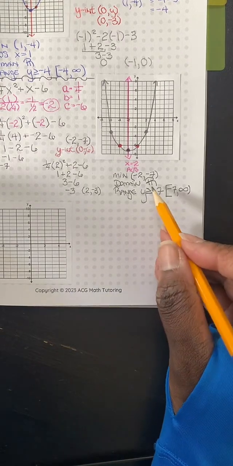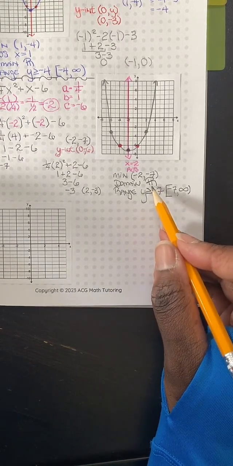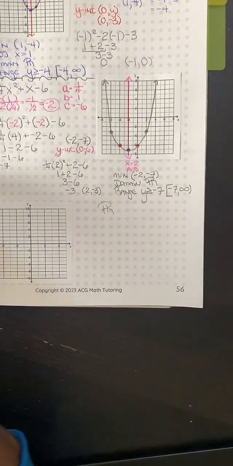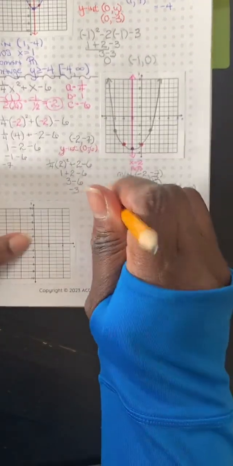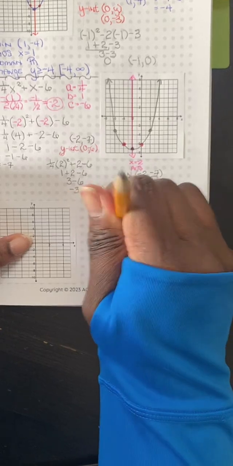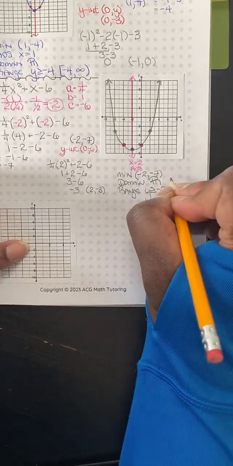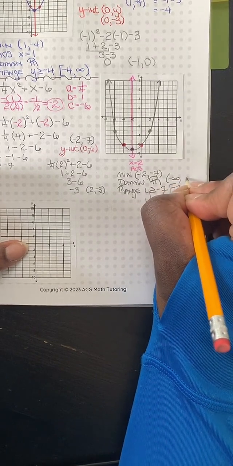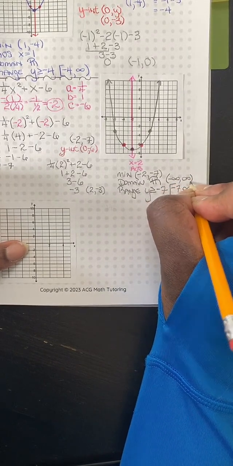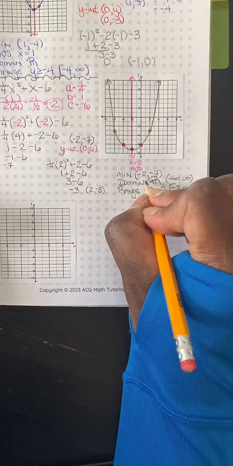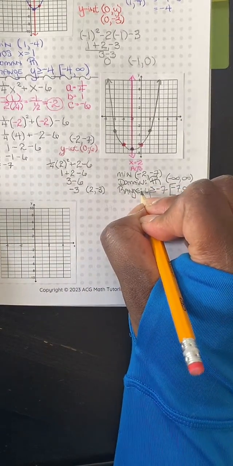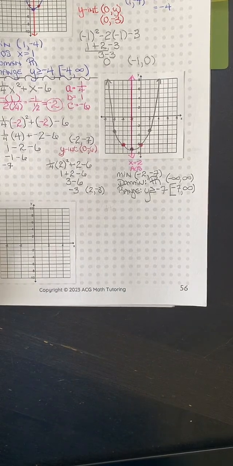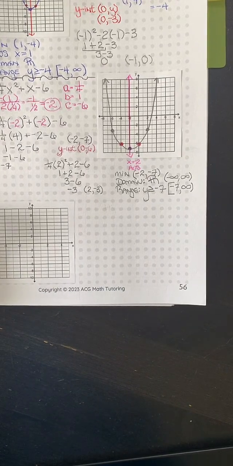So you can either write it as the double R's, which is basically two sticks with a capital R drawn over top, or you can do an interval notation, which means negative infinity, positive infinity. Those are acceptable.